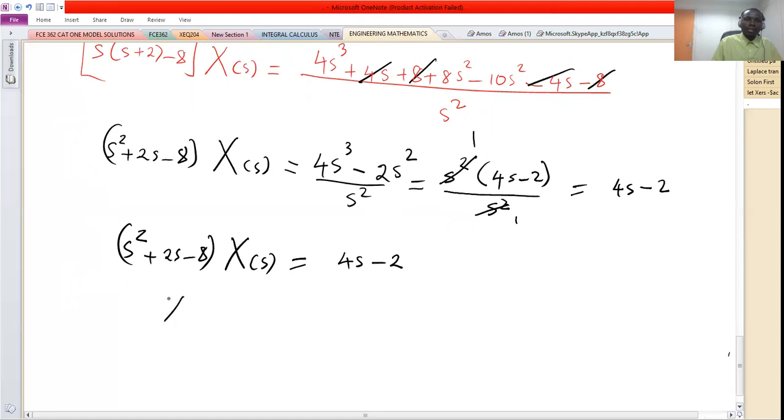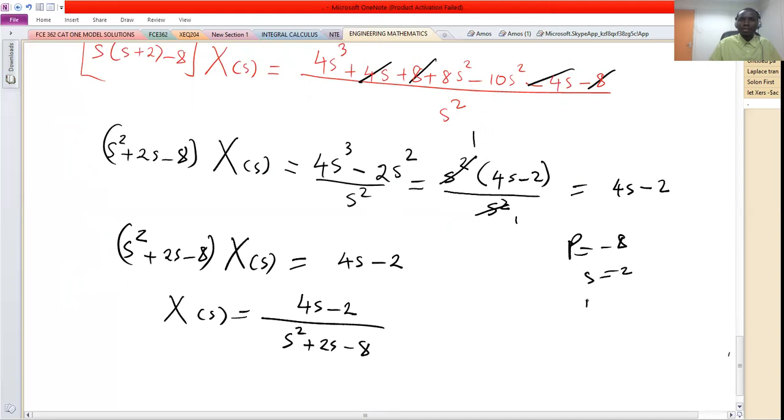And then X of S, we divide by this, so we'll have 4S minus 2 over S squared plus 2S minus 8. These are quadratic expressions, product is minus 8, sum is 2. Numbers will give you minus 2 and 4, so that we have S squared minus 2S plus 4S minus 8.